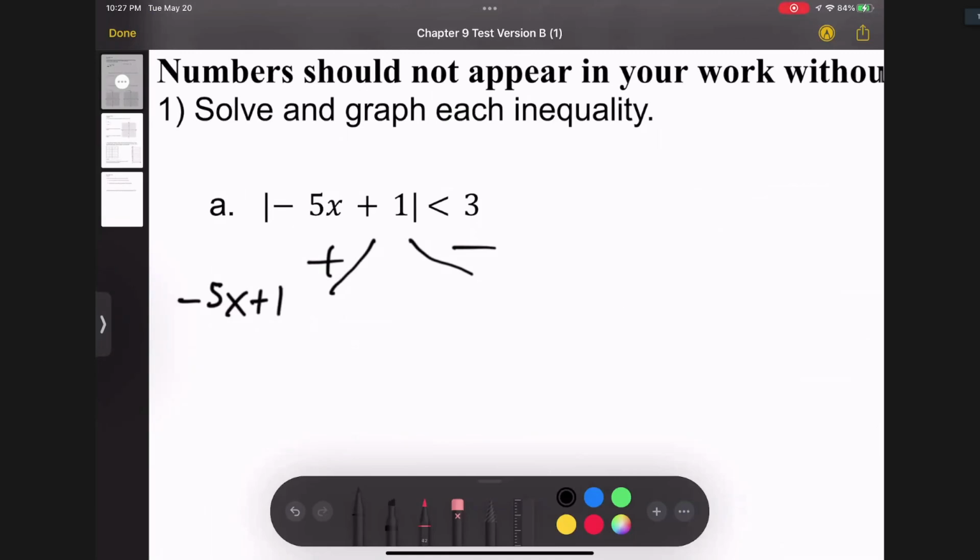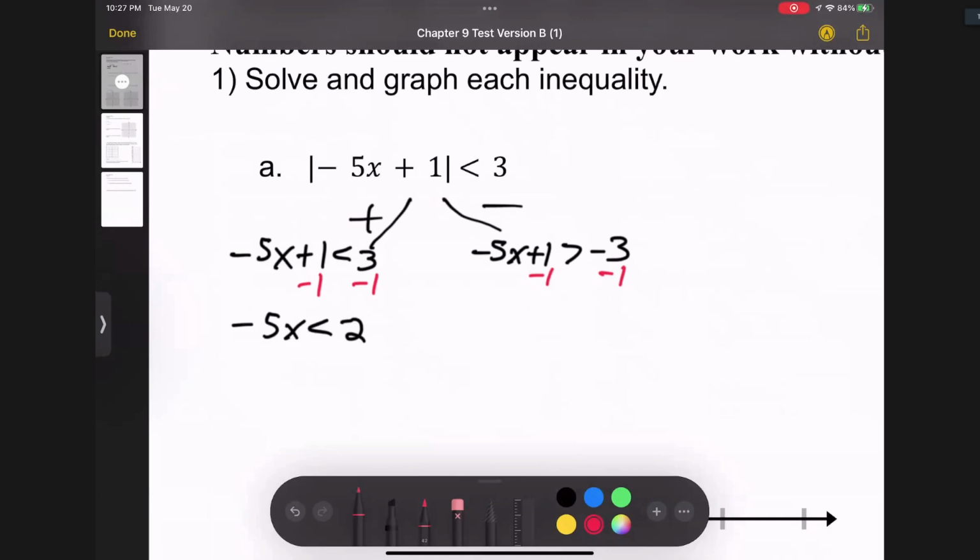So we got 1. We got -3 on the other one. We got -5 plus 1. Switch the sign. -3. Again, subtract 1 on both sides. This will be -5x. We got 2. Divide by -5. Divide by -5.